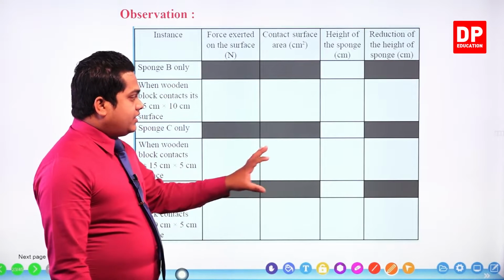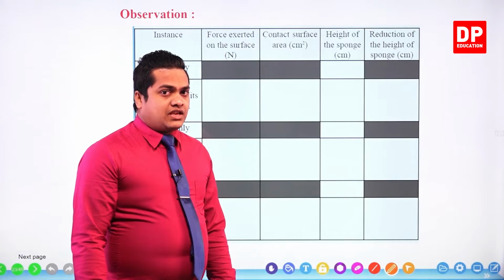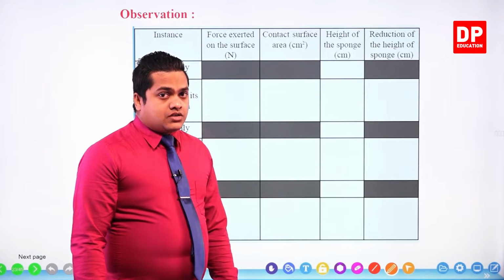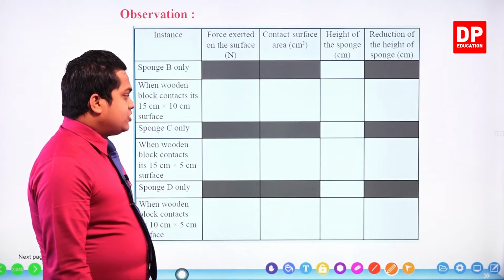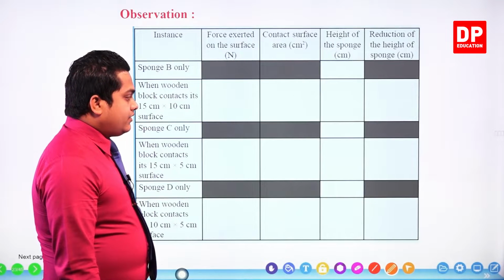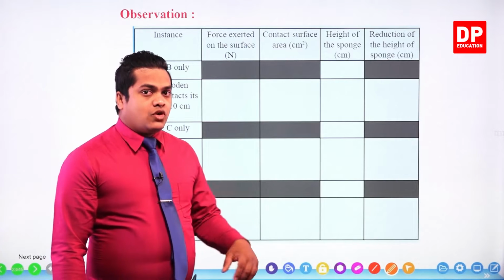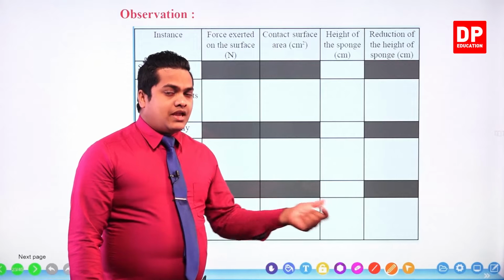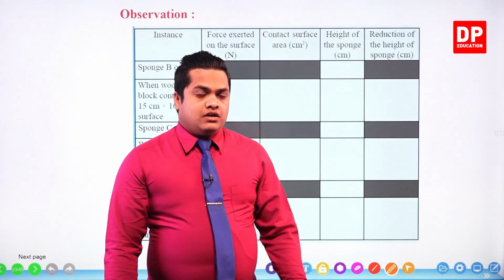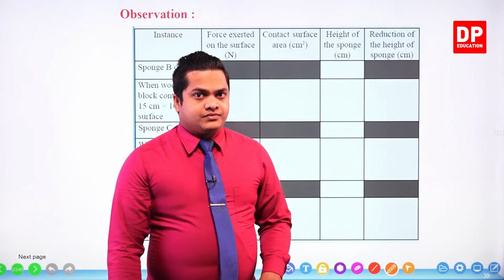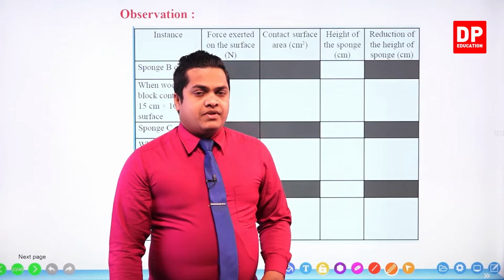Then you have to take the topmost reading, the topmost thickness level of the sponge. Then finally you have to keep the sponge layer D, and keep the 10 by 5 contact surface on the sponge layer. Like in the previous way, you have to measure the thickness levels earlier and after. So this is the way of doing our experiment, my dear children.